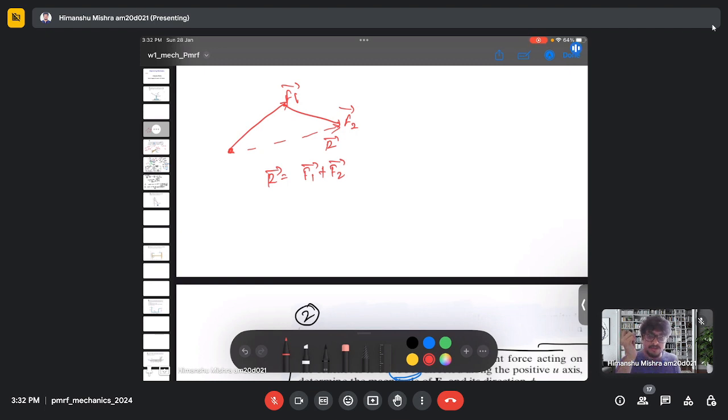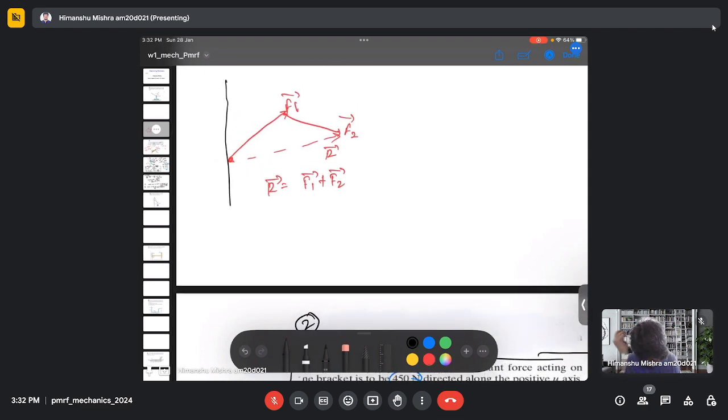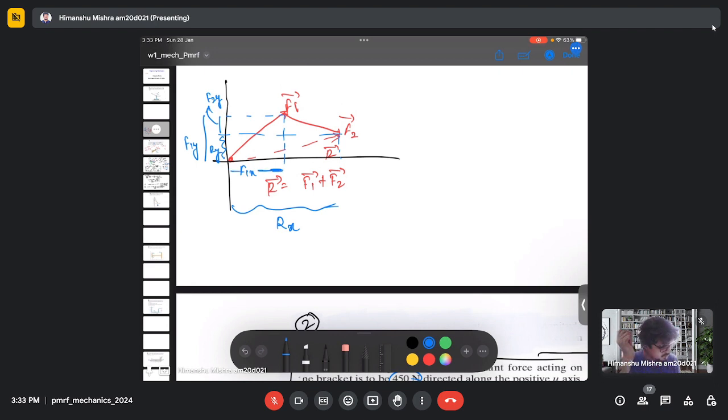Now you can actually find the components of these two forces. So this is your F1y and this is your F2y, and this is your Rx, this is your Ry, this is your F1x here, and this is your F2x.